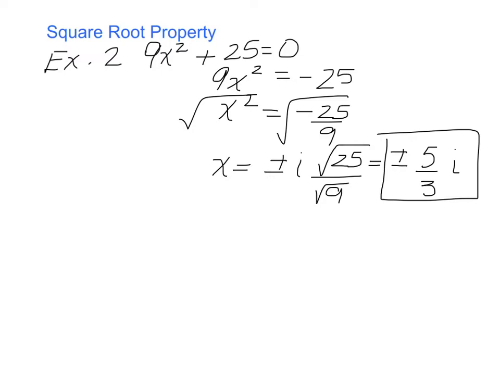Now, let's say we're going to get a little bit more difficult. Let's say you had a problem like this. Well, there's nothing in front of it, so we can go ahead. This is example 3.